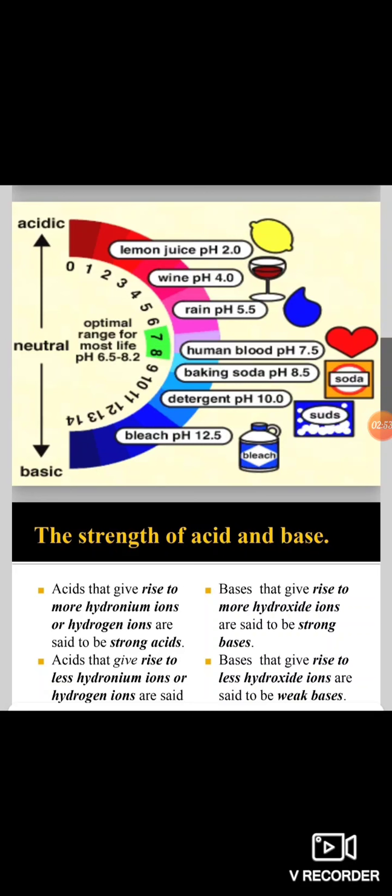The approximate pH value of lemon juice is 2. So when the pH value is 2, this substance is acidic. When the pH value is less than 6, it is acidic.